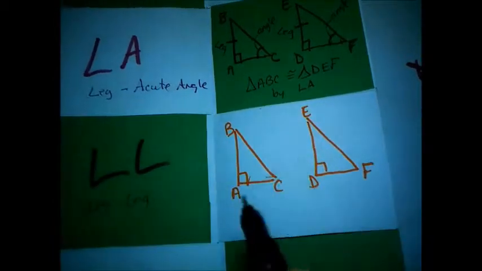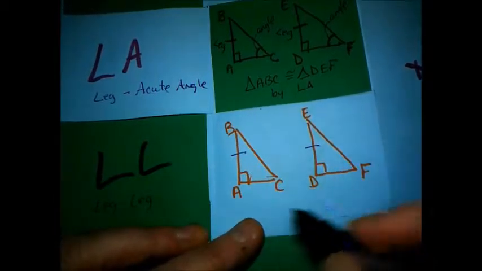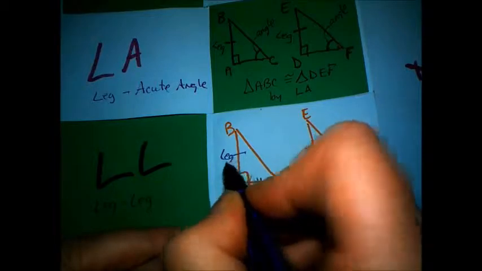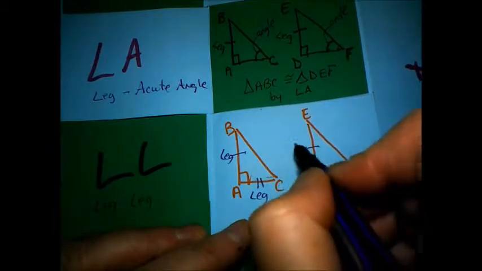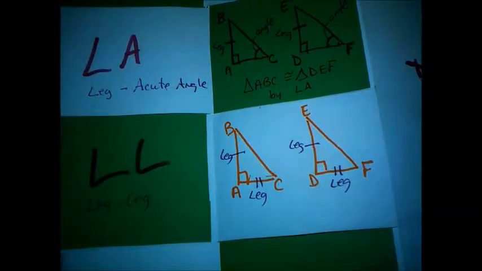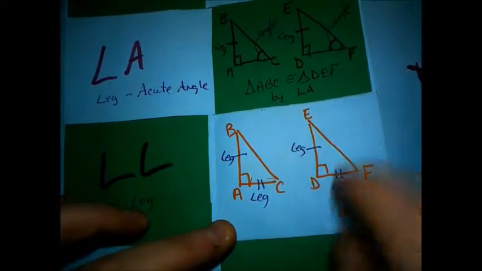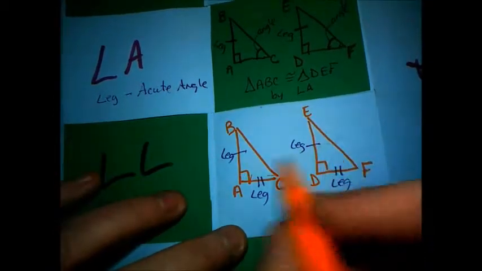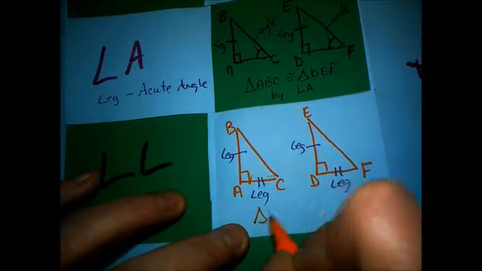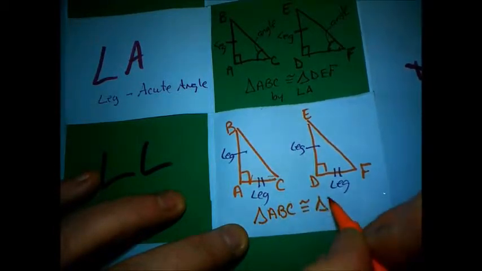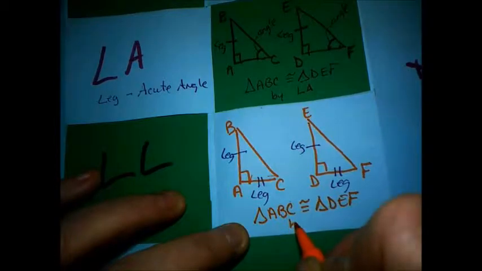So I have corresponding sides here. I need both legs in this setup so that I can say AB is congruent to DE and AC is congruent to DF. If I have that, then I know that triangle ABC will be congruent to triangle DEF, and that would be by LL.